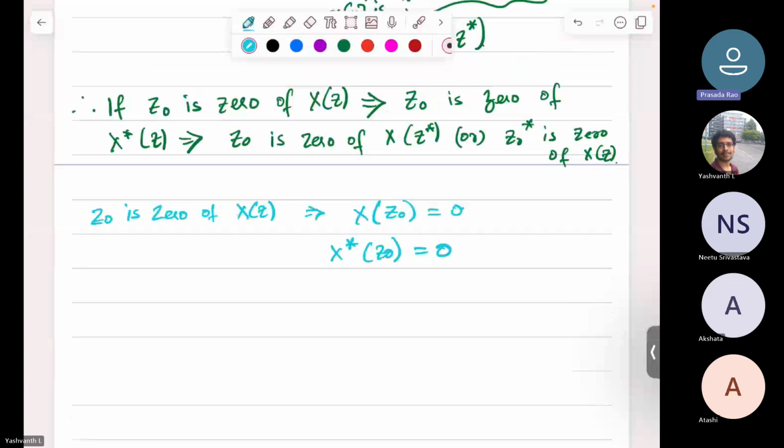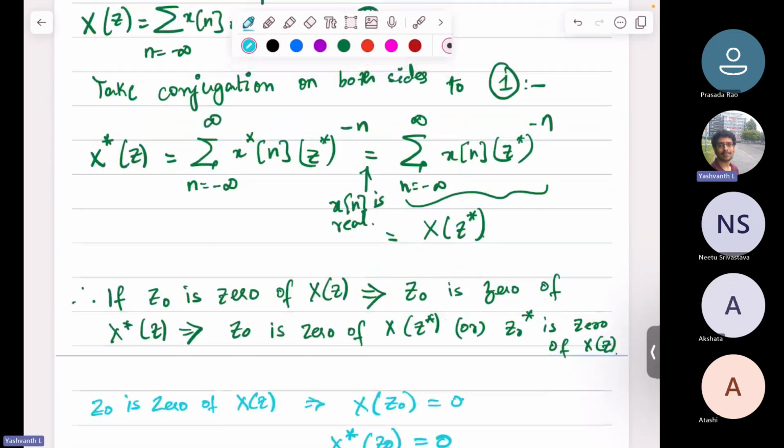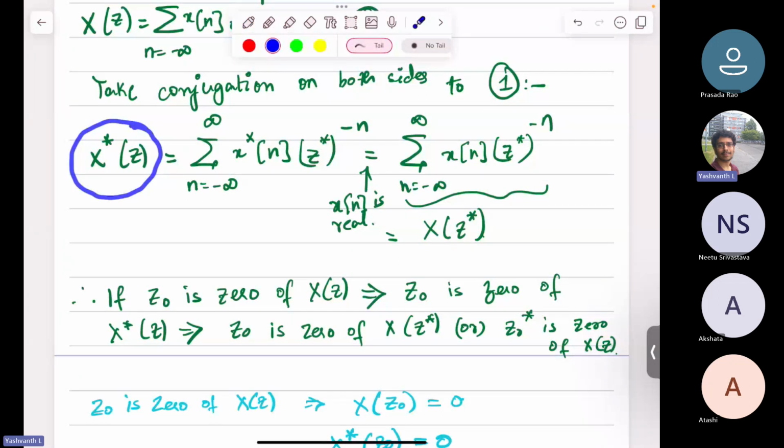Yes, as it is 0, the conjugate will be 0 only. Now, what did I show here? I showed that for any z, x conjugate of z is the same as x of z conjugate, as long as x of n is real.